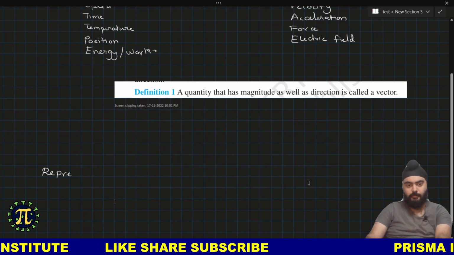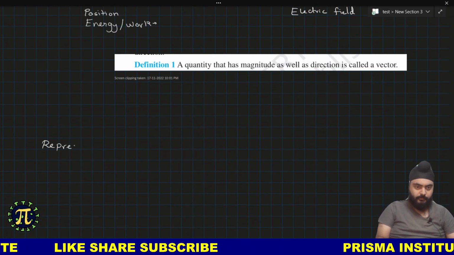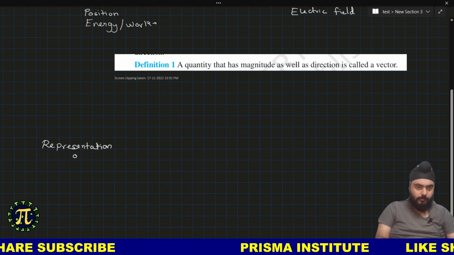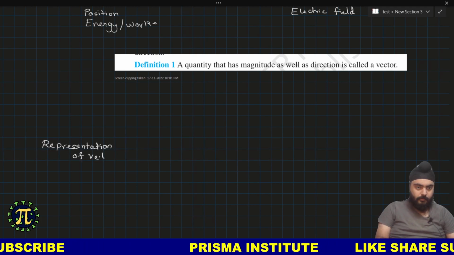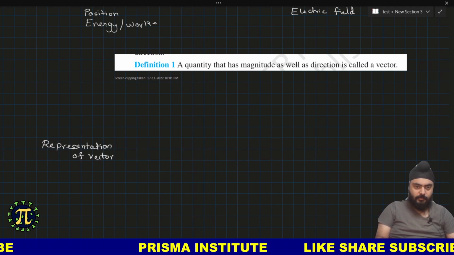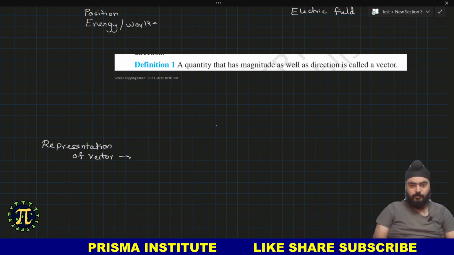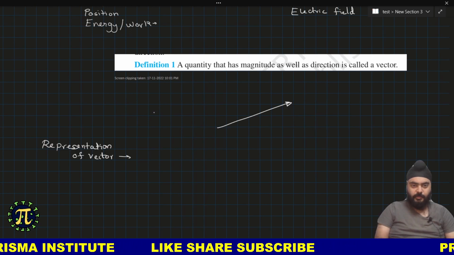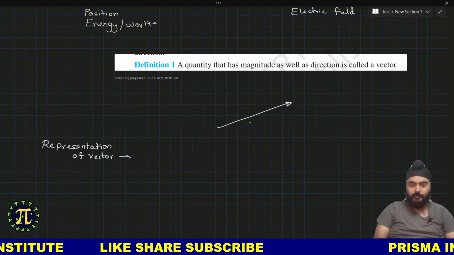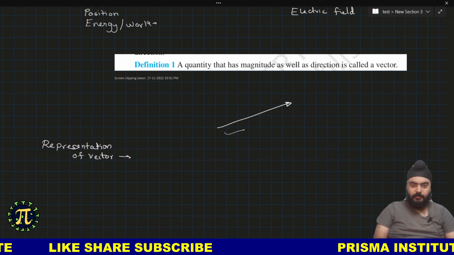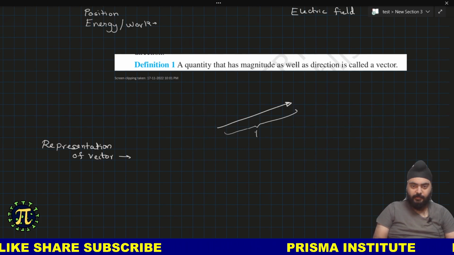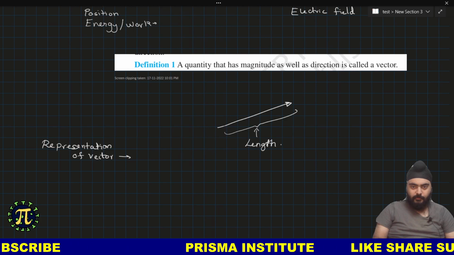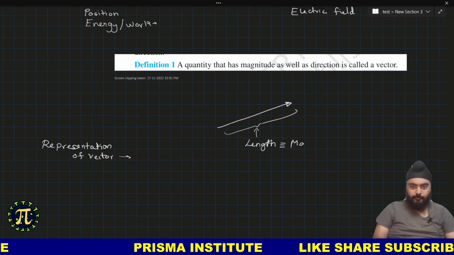So let's talk about the representation of a vector. A vector can be represented using an arrow. First, how we can draw a vector: this arrow can represent a vector. The length of the vector will represent the magnitude.